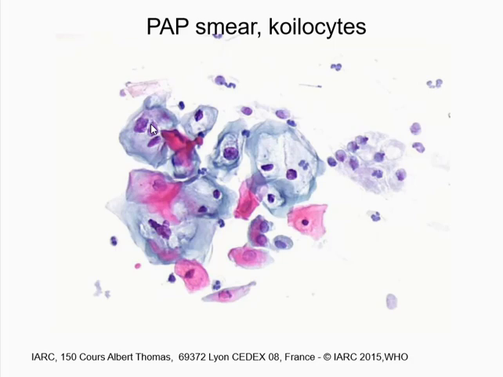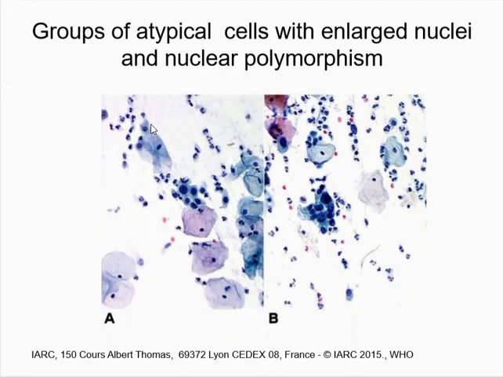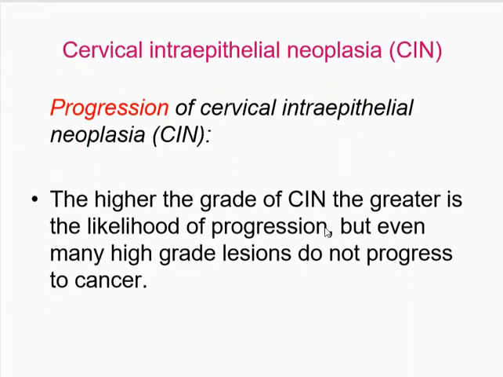Often low-grade CIN lesions have these changes. This is somewhat more atypical because you have normal squamous cells here, but you have enlarged nucleated cells in groups. Here again, these are atypical cells that you tend to pick up by screening to detect CIN lesions.